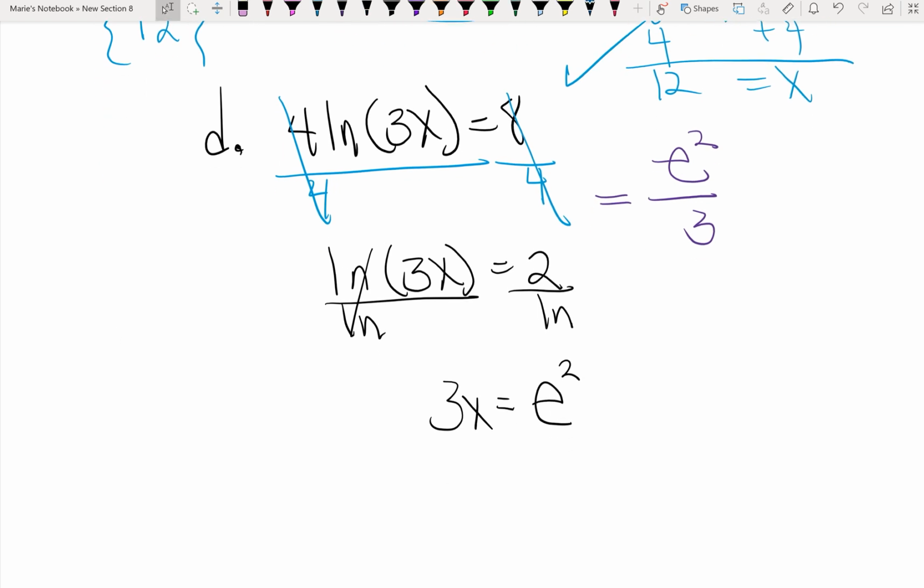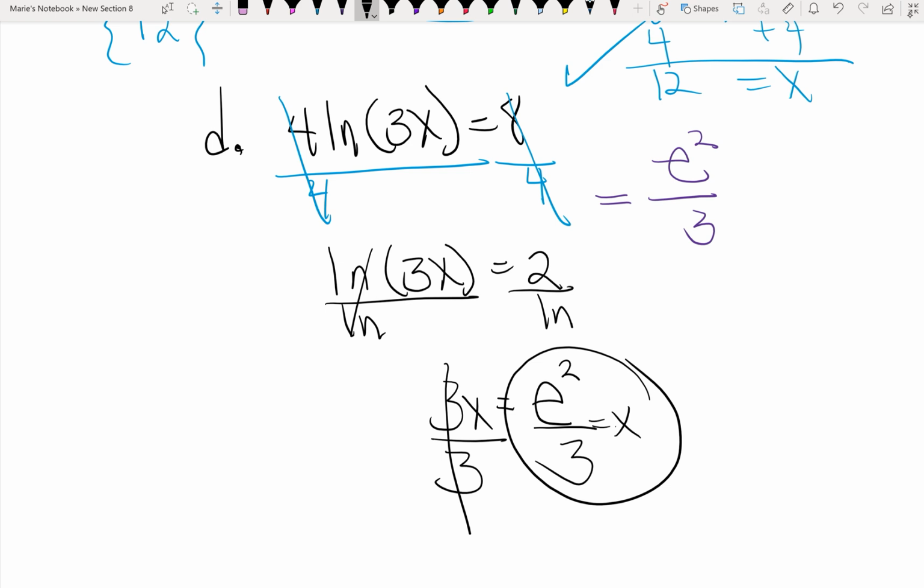Last thing we're going to do is divide by 3 on both sides. So that's your answer: x is equal to, as I stated earlier, e squared divided by 3. As you can tell, that was similar to the last equation we did.